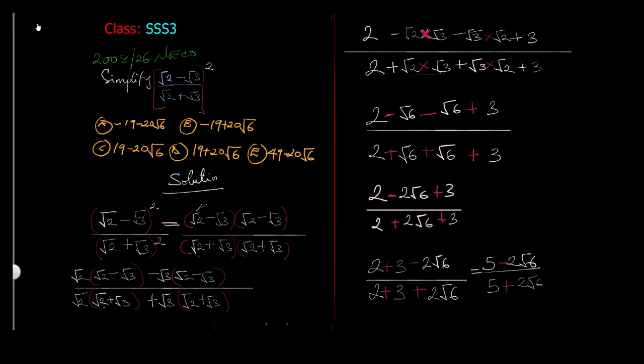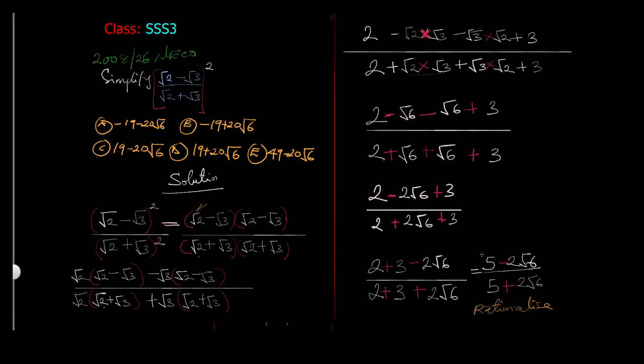For instruction purpose, I'm just going to say rationalize. But, sir, can we cancel the 5? You can't. If you cancel the 5, you are going to run into error. We are using that 5.